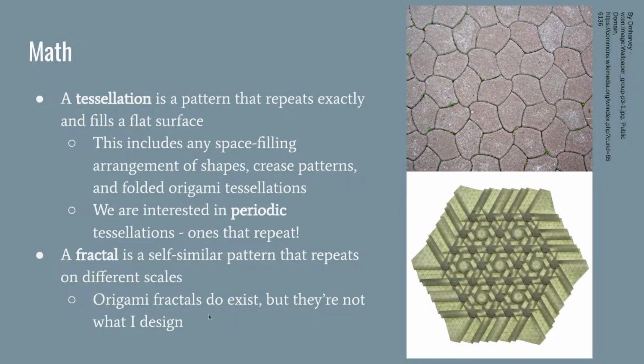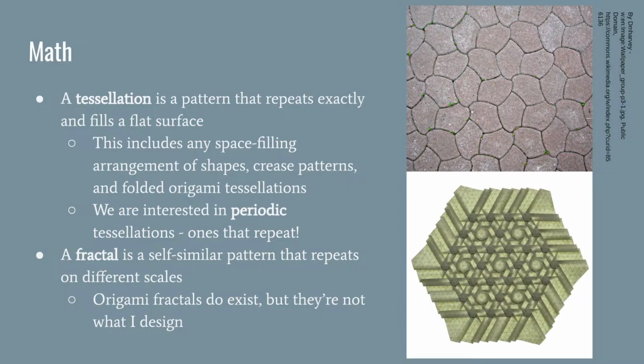And there are origami fractals. I'll put a caveat here that in origami, we are representing a subset of the idea of a fractal or the idea of a tessellation. We cannot literally have infinitely many repeats. We cannot literally have repeats at infinitely small scale.